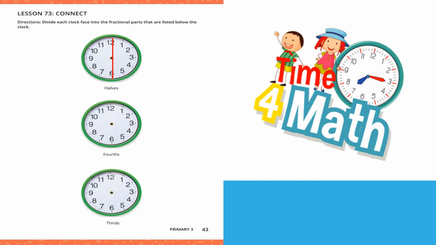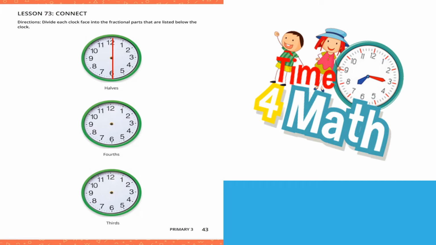You can divide it into any halves. You can draw a line from 9 to 3, it's half here and half here. If we started at 12 o'clock, we will move to 6 to be half. So this is half and this is half. The next one, fourths. I want to divide this clock face into fourths.